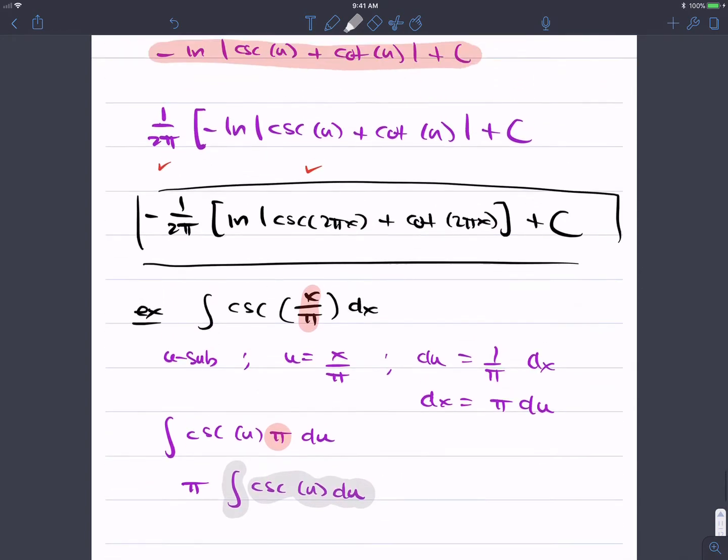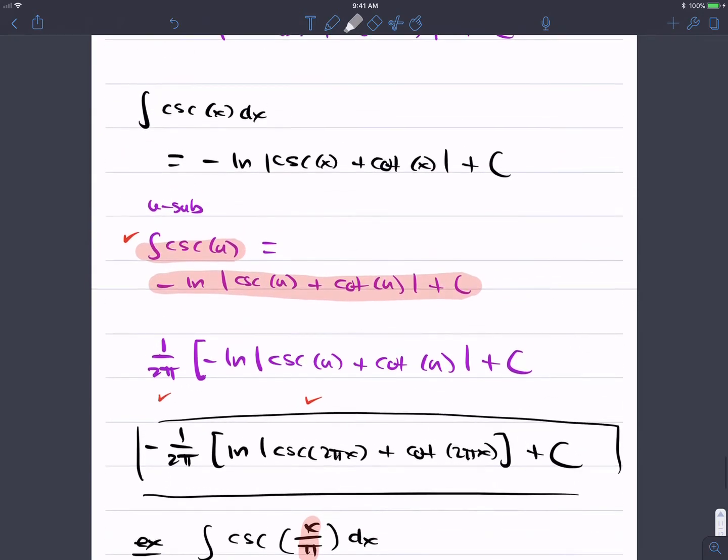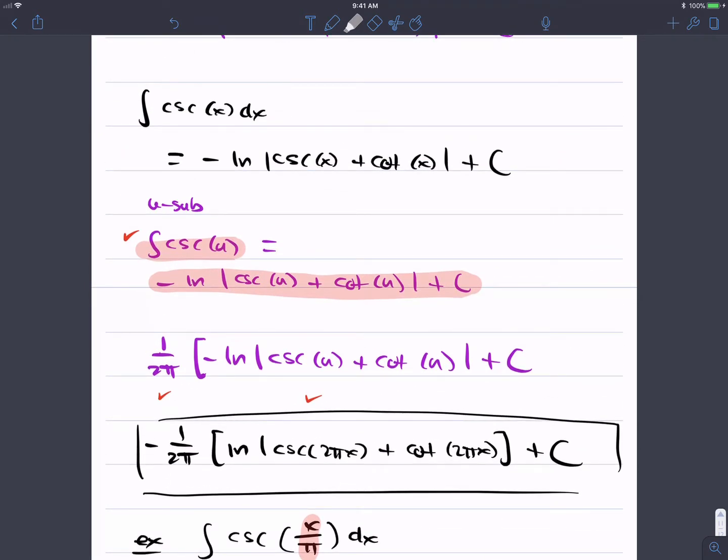And so we're going to go back now, and let's remember, we just found what it is. It is right back here. It's minus natural log absolute value cosecant u plus cotangent u.